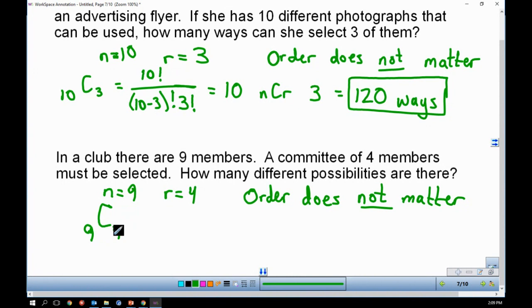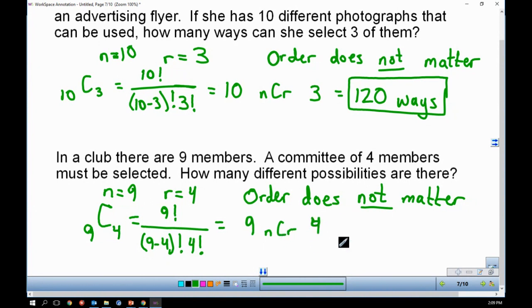If we set up our factorial formula, 9 factorial over 9 minus 4 factorial times 4 factorial. Of course, you can always do this on the calculator. 126.